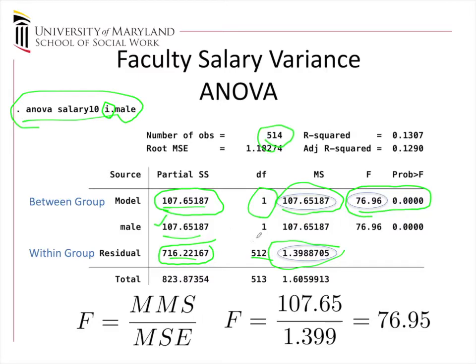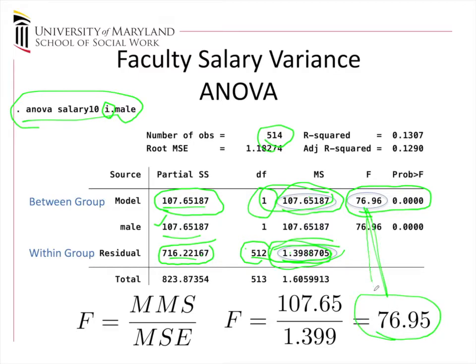And then there's another free one that we take out to adjust, because we calculated a mean. So we divide this number by this number, that equals this number. And then the model variability divided by the residual variability adjusted for degrees of freedom gives us the F-test. That is a highly statistically significant value.